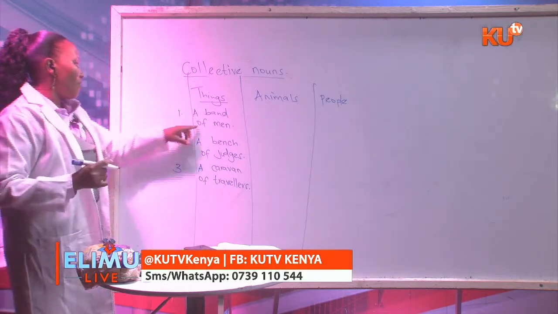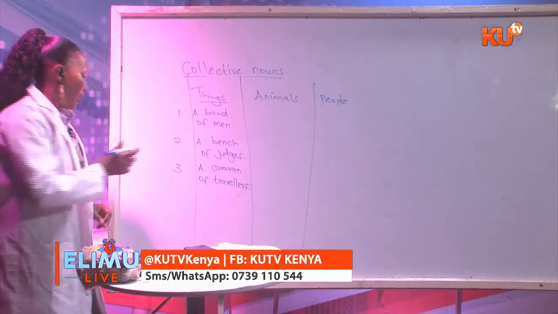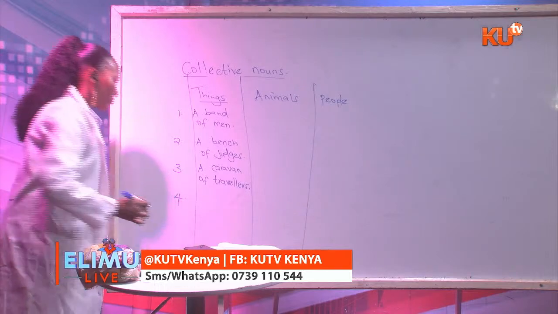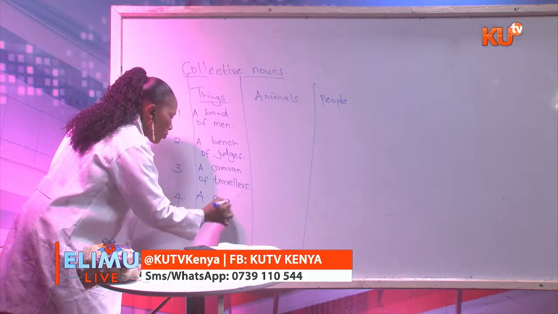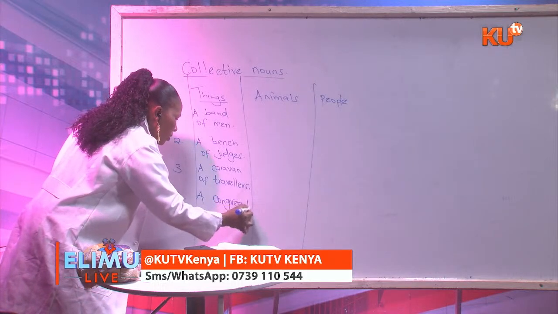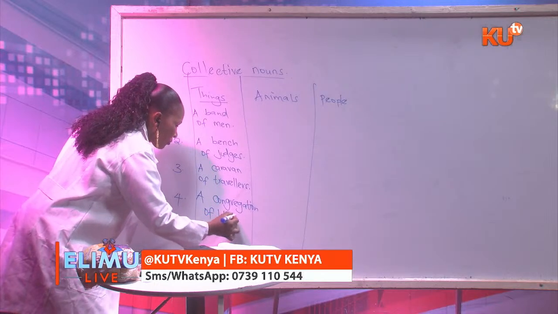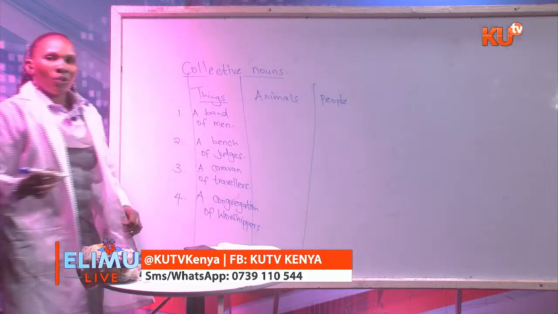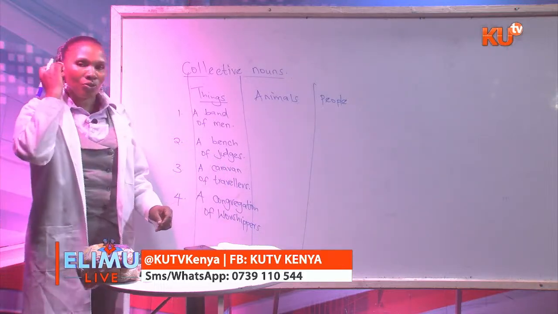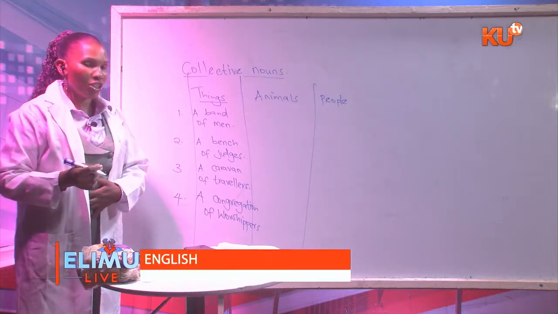A band of men, a bench of judges, a caravan of travelers, and a congregation of worshippers. When people are in a church, in one name, we call them a congregation of worshippers.